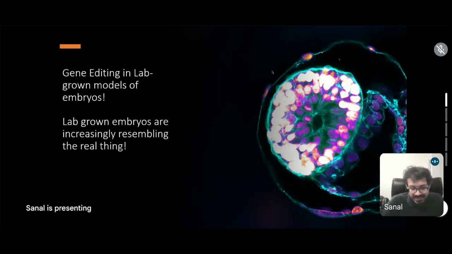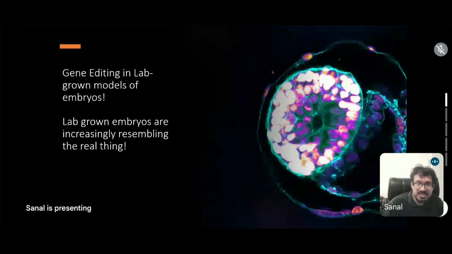So far we were editing stem cells, committed stem cells, and all organs or all humans. What about editing or preventing the disease even before birth? That is where we are heading to.